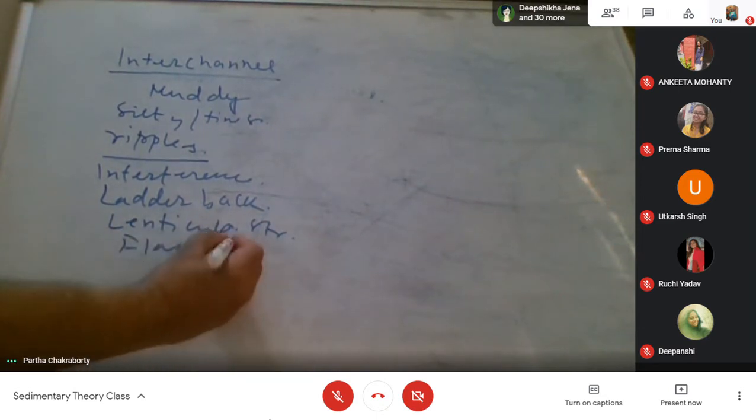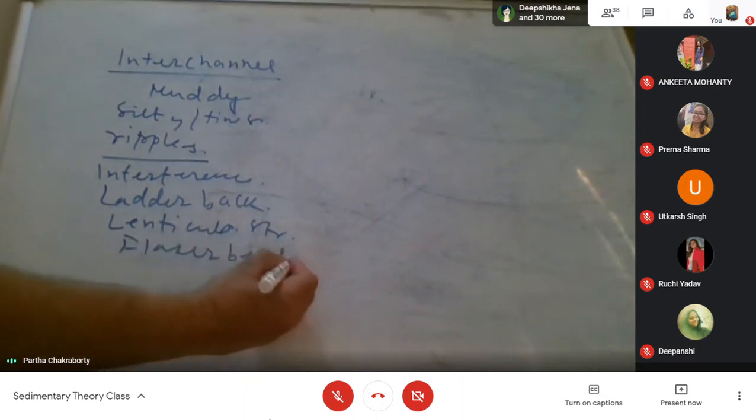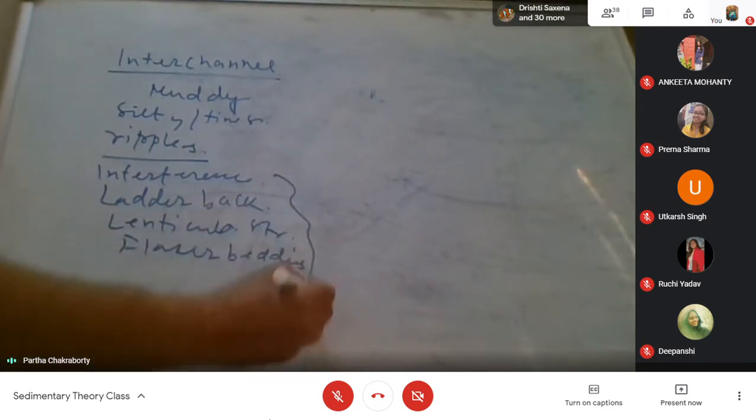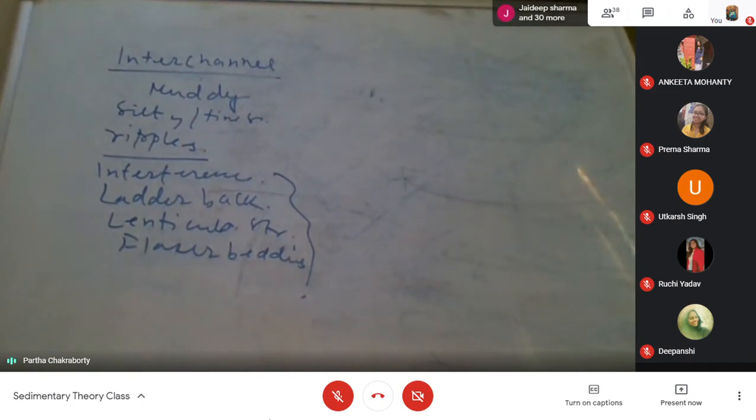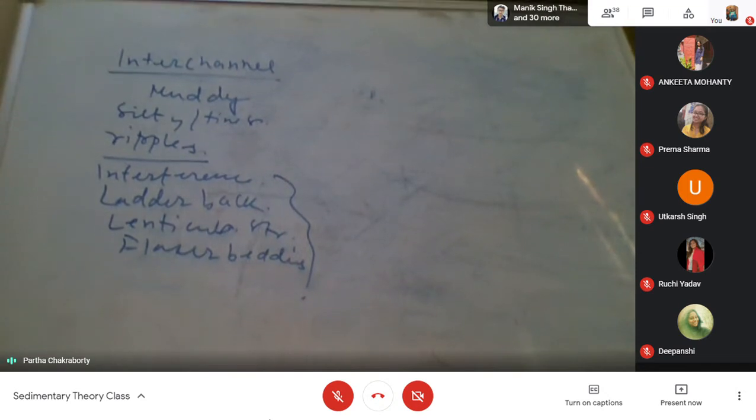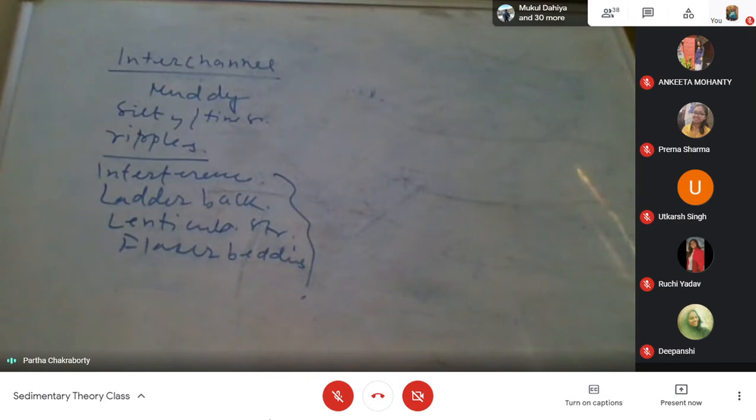All these depend on how the tide is operating, and in your environment what is the ratio between the mud and fine sand. If there is more mud in the system, then you get more of a lenticular structure. The lesser the mud, you may get the flaser bedding. Now, how really do we get it?